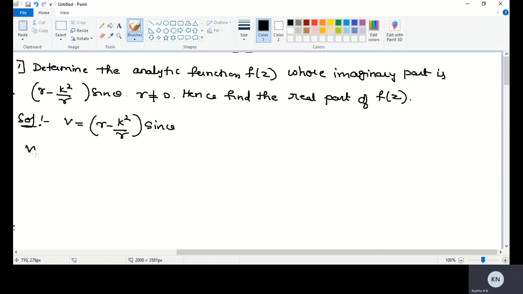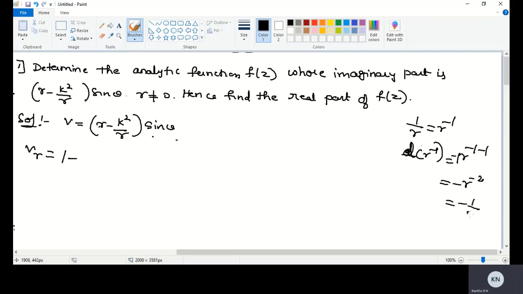Then partially differentiating with respect to r, Vr is equal to, sin theta is a constant, write it down as it is. Then differentiation of r is 1 minus, observe here, 1 by r, we write as r to the power of minus 1. Differentiation of r to the power of minus 1 is minus r to the power of minus 2, that is minus 1 by r square.